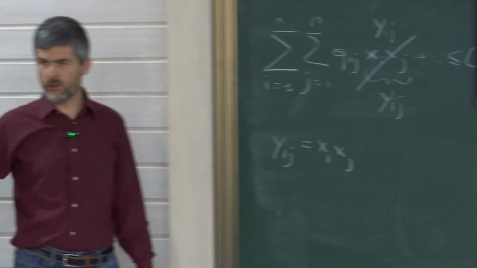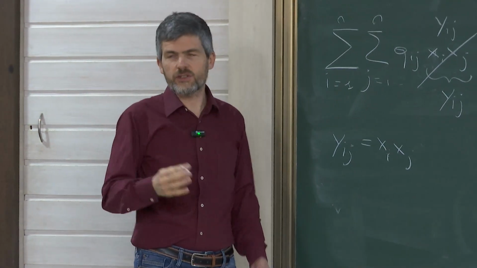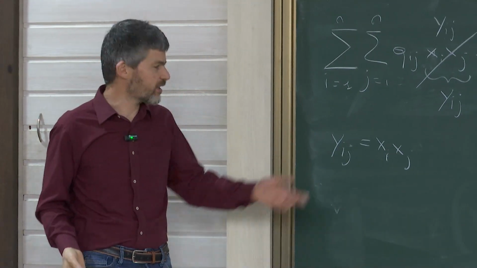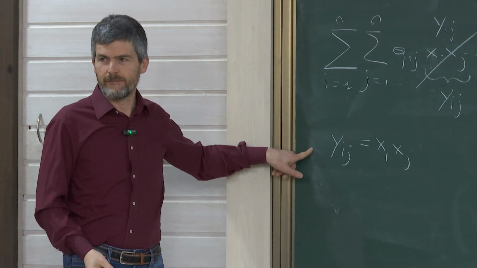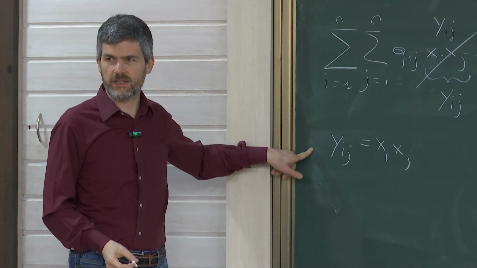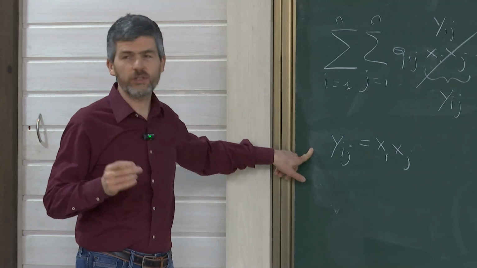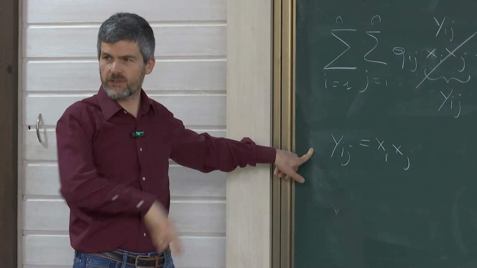That's no longer a quadratic form, it becomes a linear form. Obviously, the problem doesn't become convex all of a sudden because we still have these nasty non-convex constraints. The cool thing about that is that at least we decompose them.